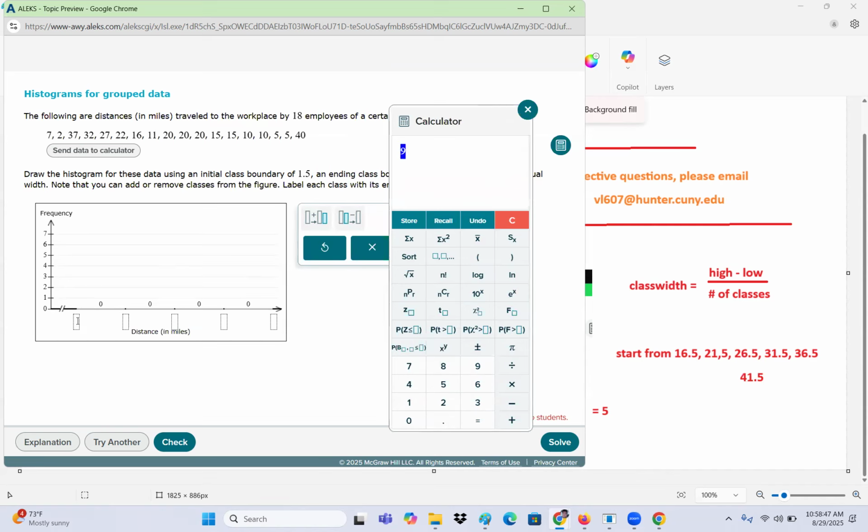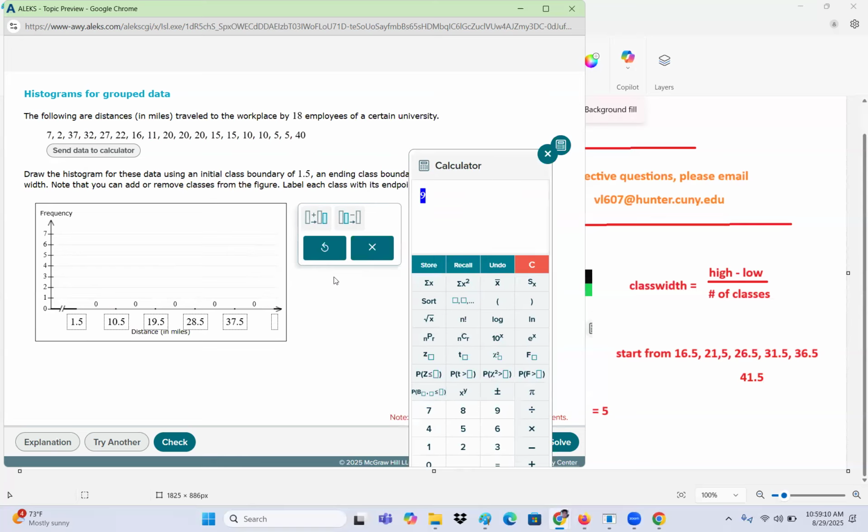So we start from 1.5, plus 9, you get 10.5. Then plus 9, you get 19.5. Plus 9, you get 28.5. Plus 9 again, you get 37.5, and so on and so forth. And then you can add a column to the right. Plus 9 again, you get 46.5.